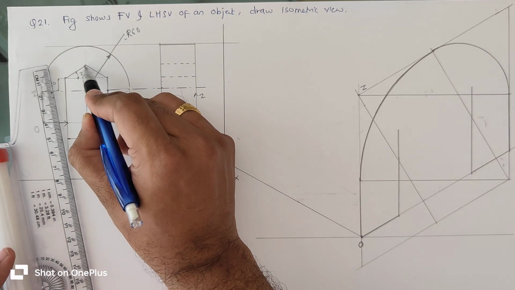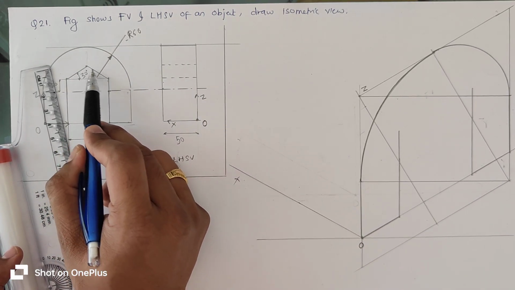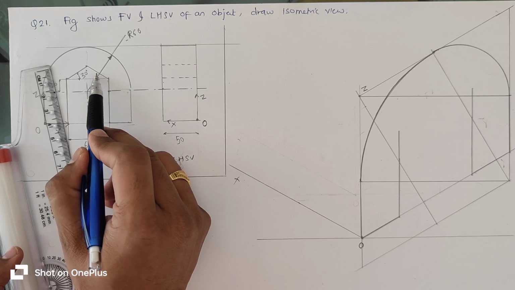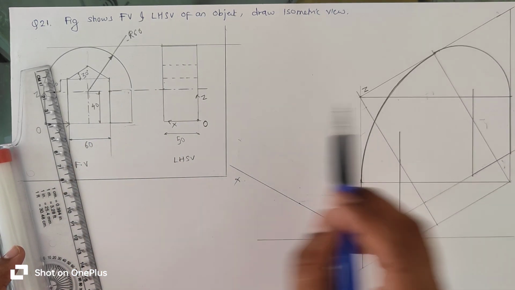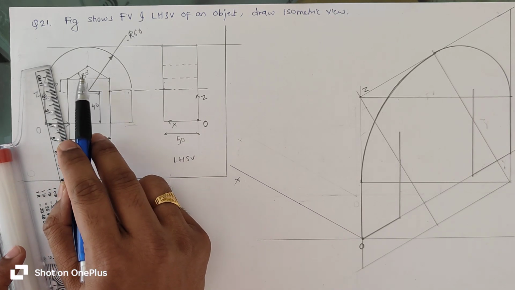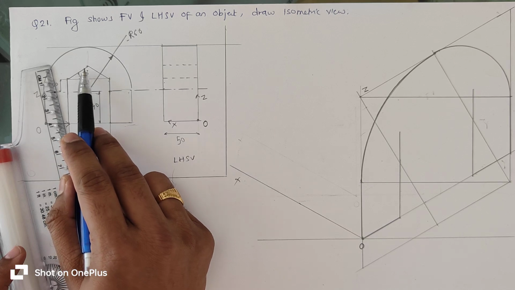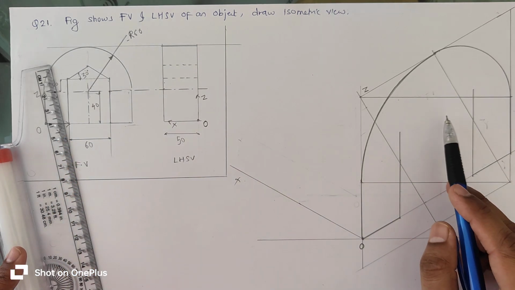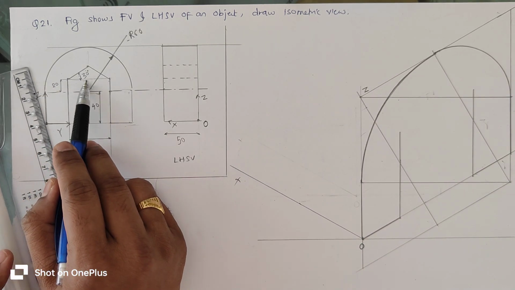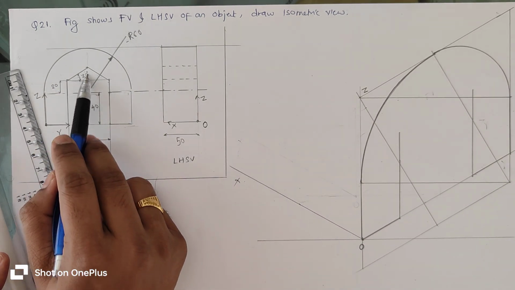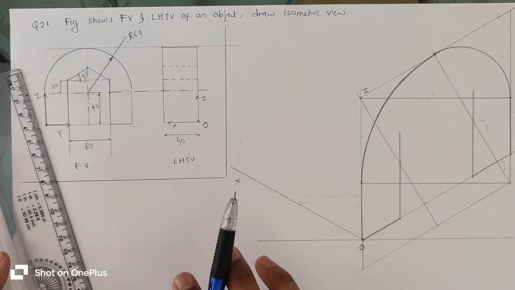Then to draw this point, as in isometric, the inclined length here and this inclined length with angle 30 degree and 30 degree are not exactly same here in isometric. Okay, the dimensions given in orthographic for inclined line, that is angle and inclined length, will not be same here in isometric. So only dimensions along x-axis, y-axis and z-axis will be true.